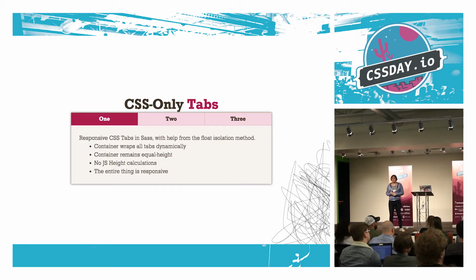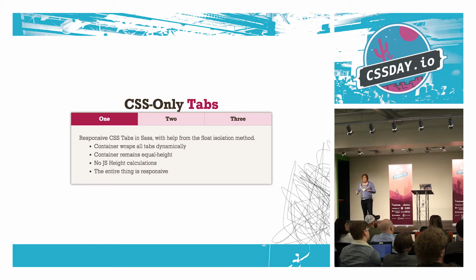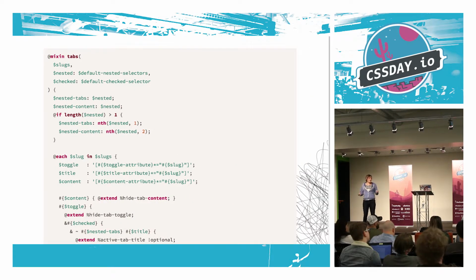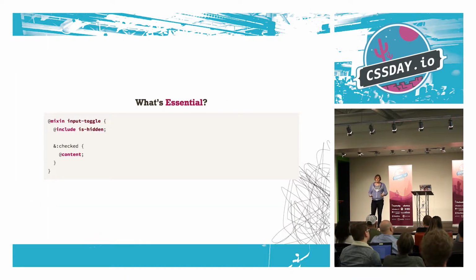So, like, here's an example of a pattern I built at one point. I was just playing around with CSS-only tabs, and I built this, and I built a toolkit around it, right? So here's a tabs mixin that does way too many things, and it starts to care about style, and it's complex. And I was never able to use it on more than one project because it was just too specific.